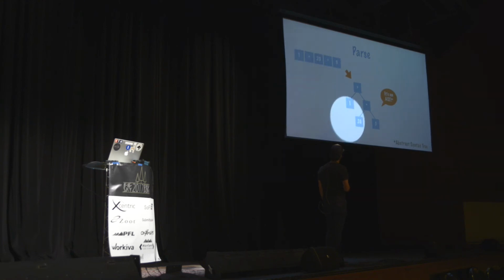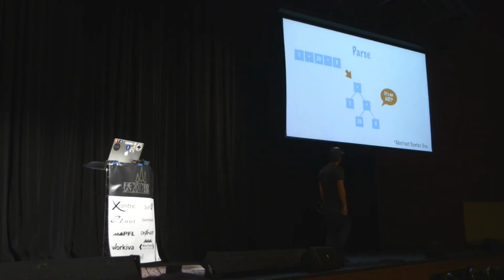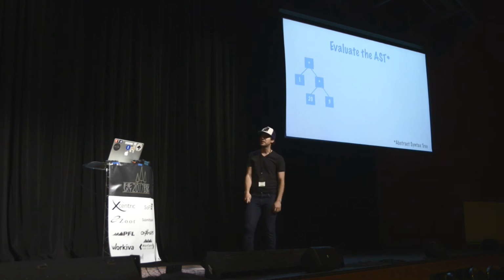The 1 has ended up over here. The plus got put up at the very top. Times is down below on the other side of it. And 20 and the 3 are down at the bottom of our AST.